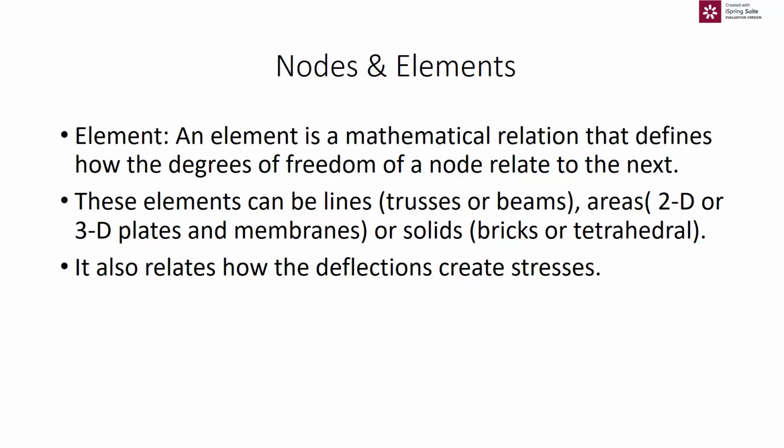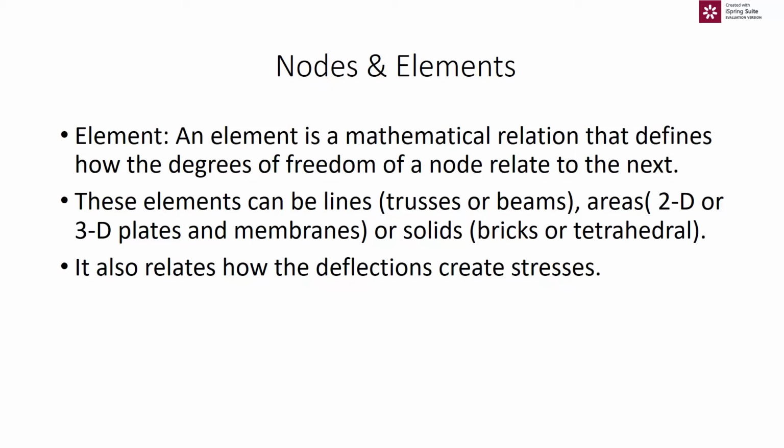An element can be defined as a mathematical relation that defines how the degrees of freedom of one node relate to the next. These elements can be lines. When we solve the problem of trusses and beams, the elements that we use are 2D elements.